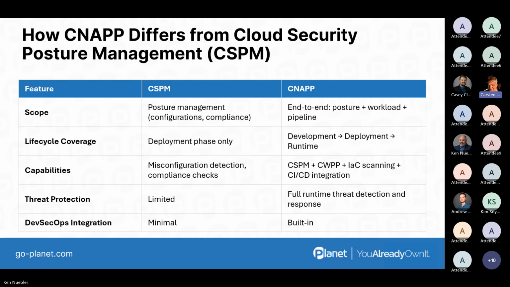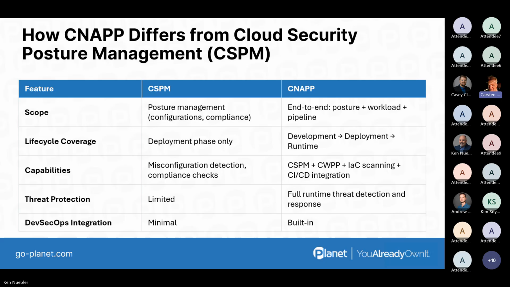And of course, that CNAPP will then include, as I said, everything from development to deployment, but also the runtime. The capabilities now include infrastructure as code scanning and the CI/CD integration, so your deployment pipelines, right? Threat protection is full runtime for all of this, including Git, repositories, and DevOps.